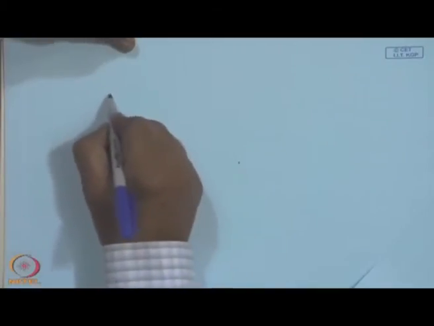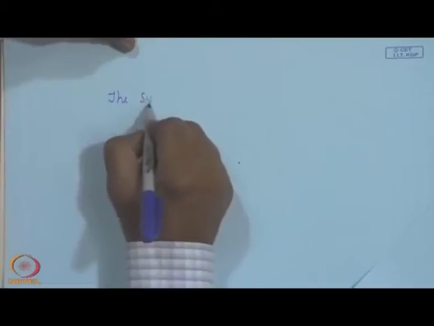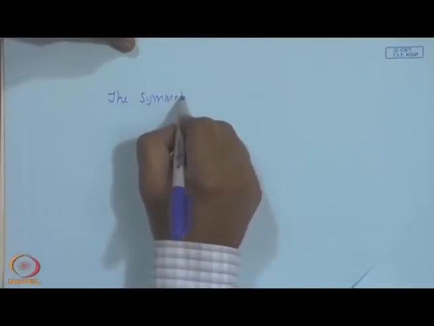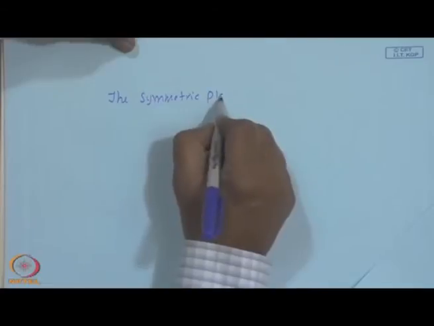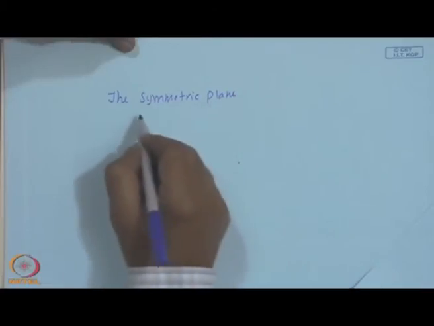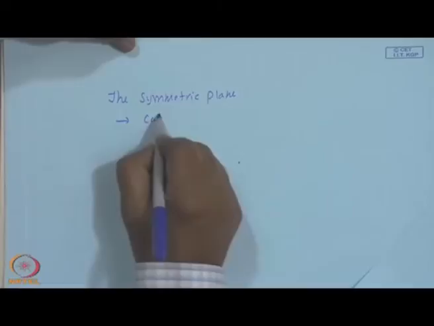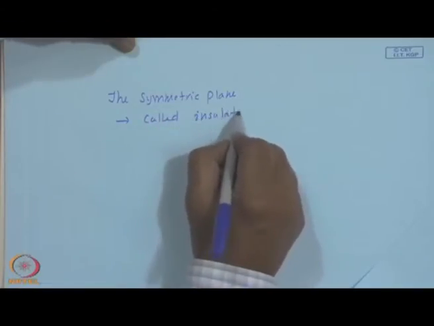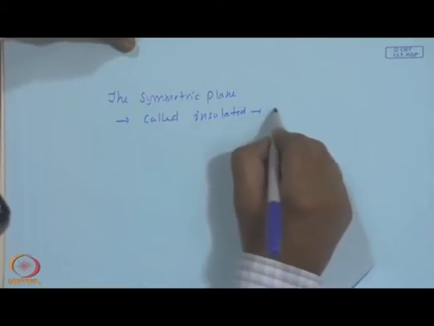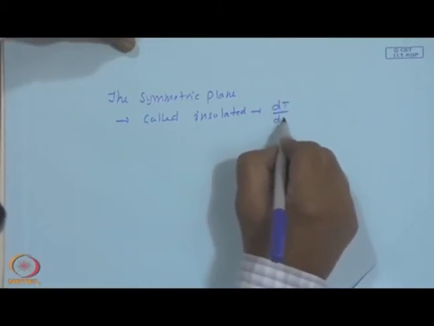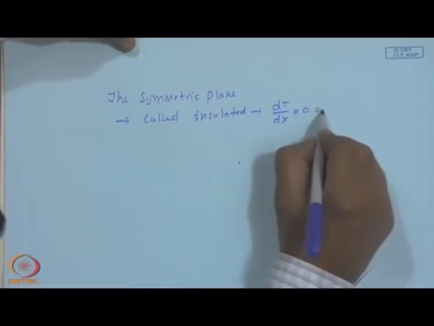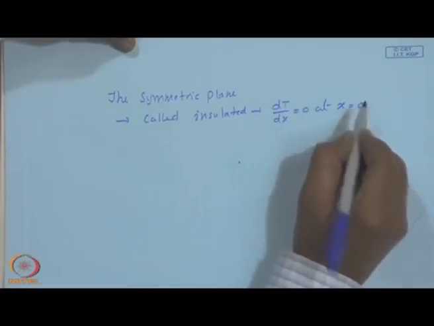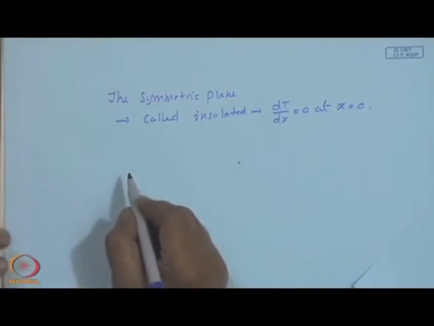Now, if we take this repetitive element, because of symmetry, the plane is also called insulated, that is, since dT/dx equal to 0 at x equal to 0 of the previous picture.